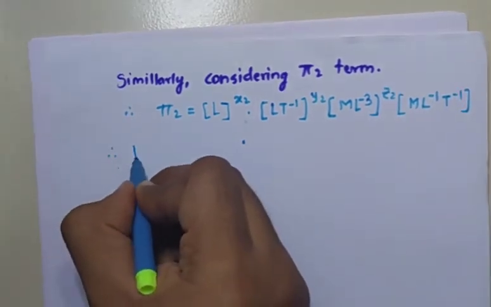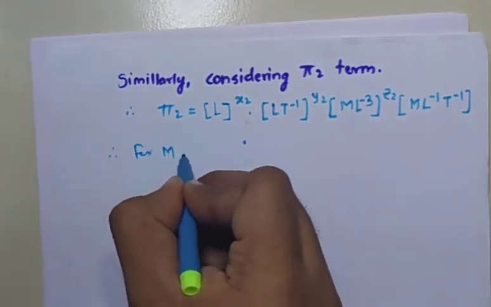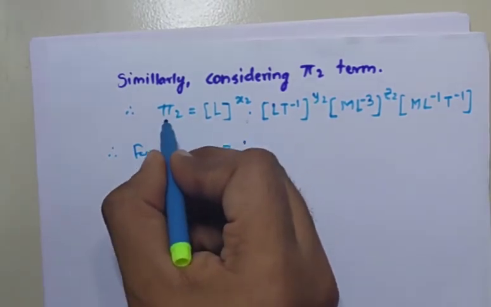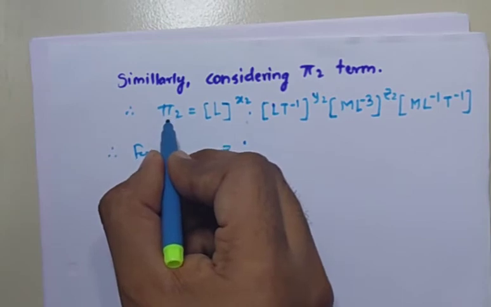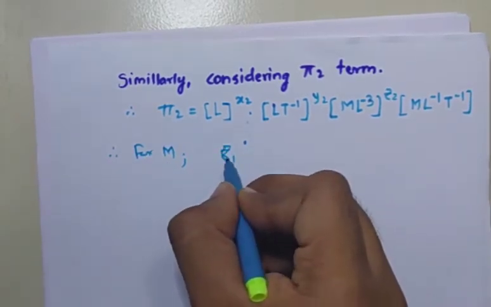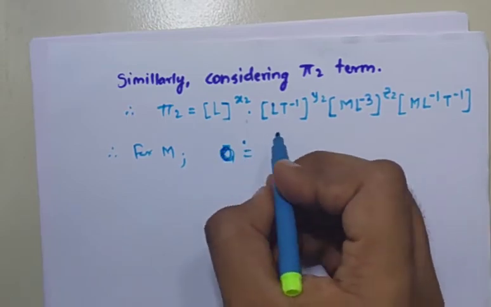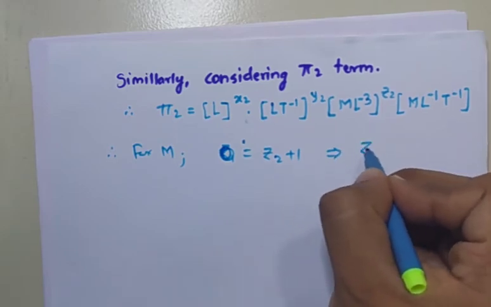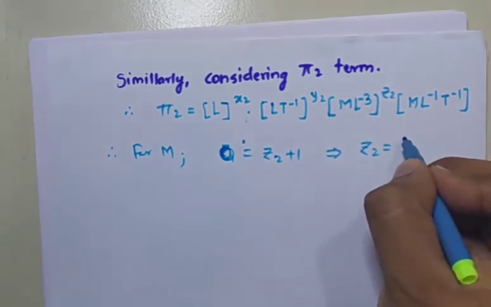So therefore for M, pi 2 again is a dimensionless parameter. So for M, 0 is equal to z2 plus 1. So this implies that z2 is equal to -1.